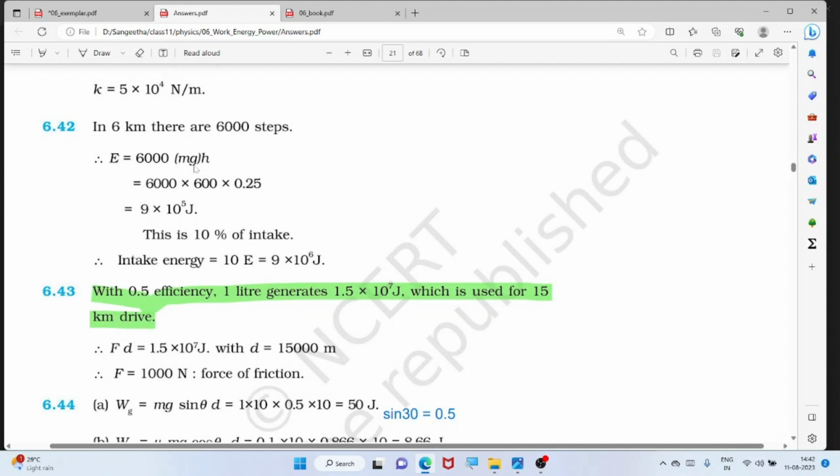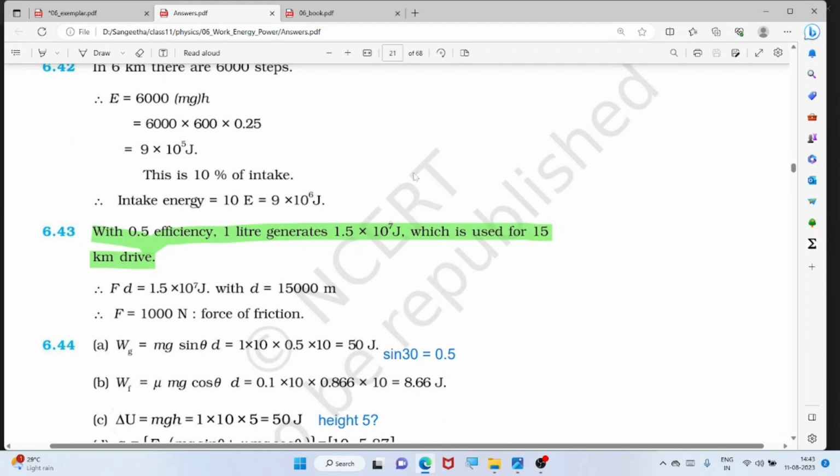So mgh: mg is this and h is this. This much energy, and only 10% of this is converted. The whole 100% is this, and 10% of this is converted into the energy.